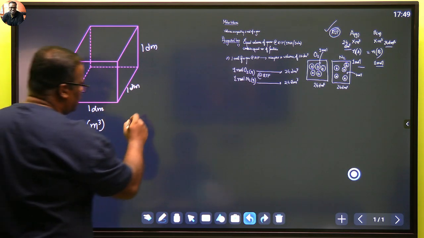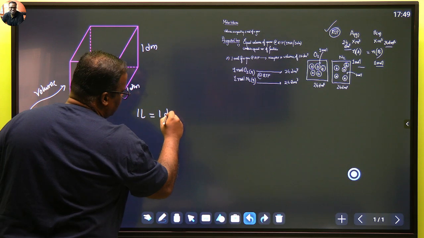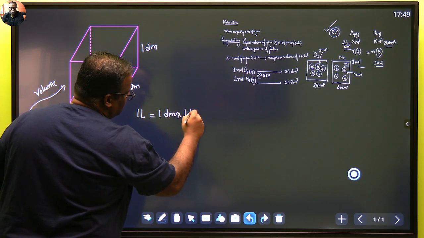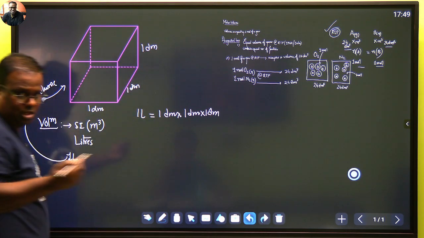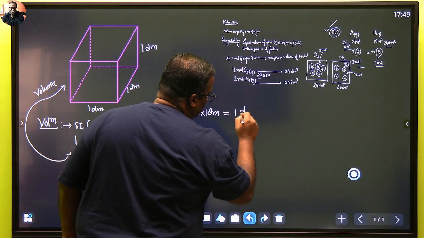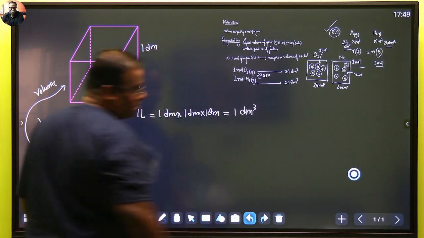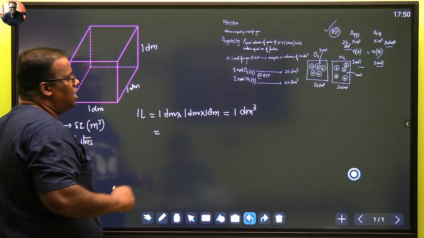That means, children, can I write 1 liter is equal to 1 dm into 1 dm into 1 dm? Can I write this? Obviously, the volume of that cube. So what is the volume of this cube? 1 dm cube.